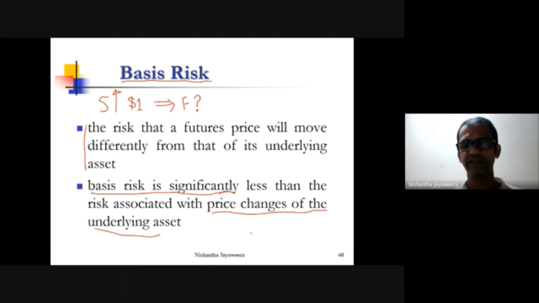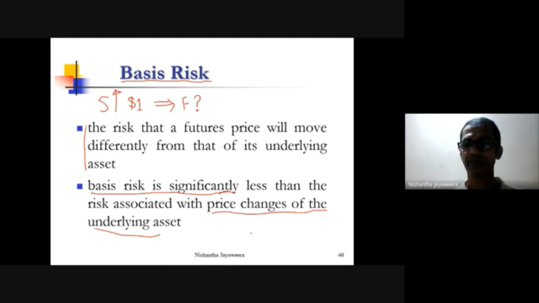The basis is the difference between the spot rate and the futures rate. When the exchange rate changes, the spot rate also changes, the futures rate also changes, and the basis also changes, but the change in basis is much smaller than the change in the spot price.